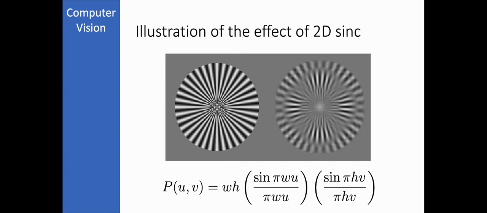Moreover, it doesn't pass every low frequency area equally. It prefers certain directions. What we see here, for example, is that the high frequency areas with sinusoidals that are horizontal and vertical in the image are preferred.